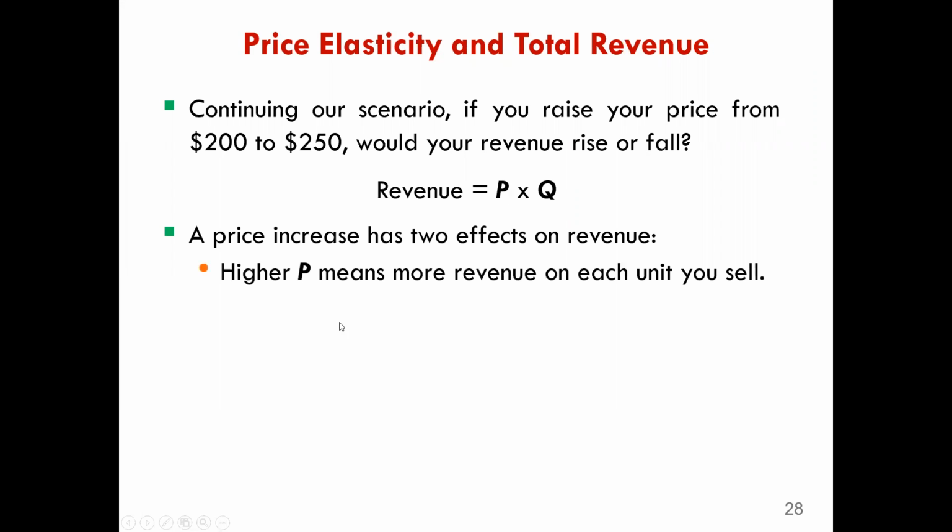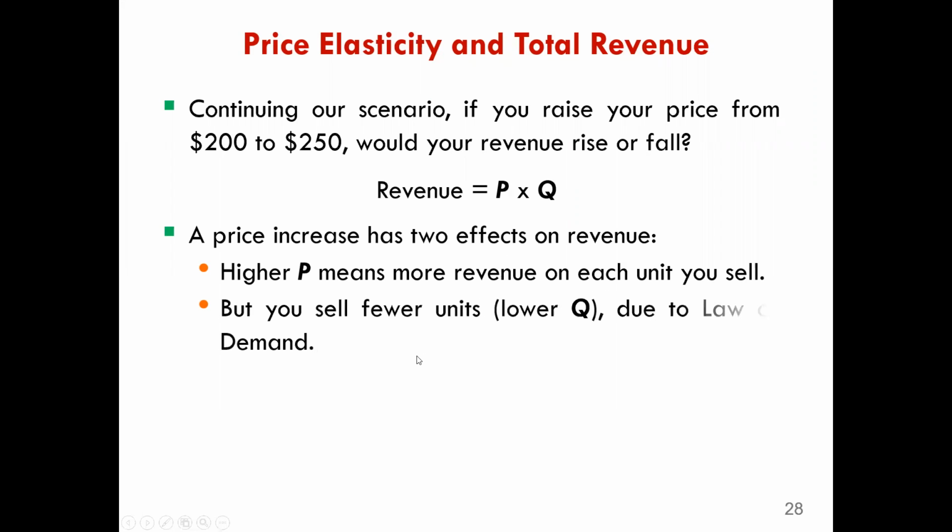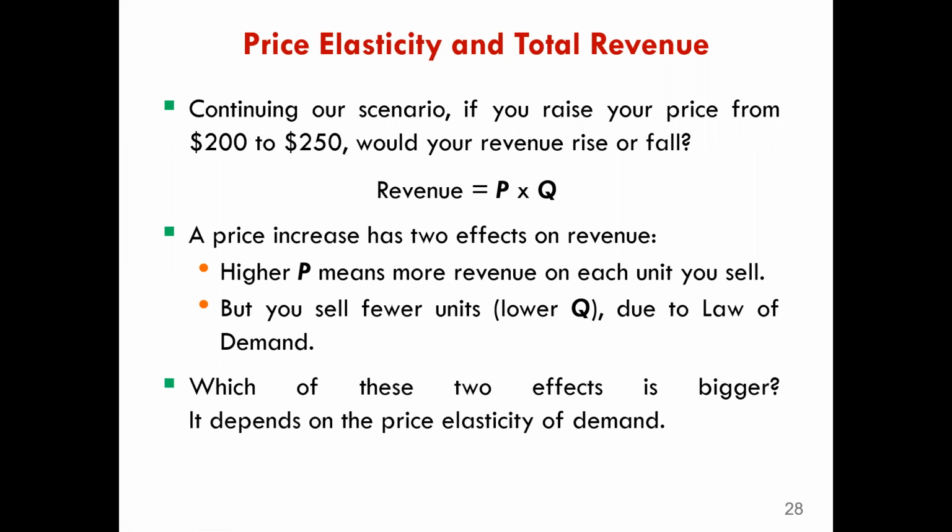The first one is that at a higher price, more revenue will be made on each unit he sells. However, he will sell fewer units because of the law of demand. And so, which of these two effects is bigger?